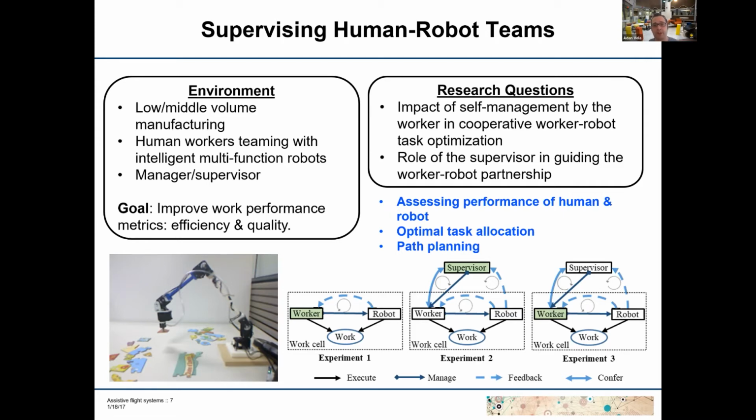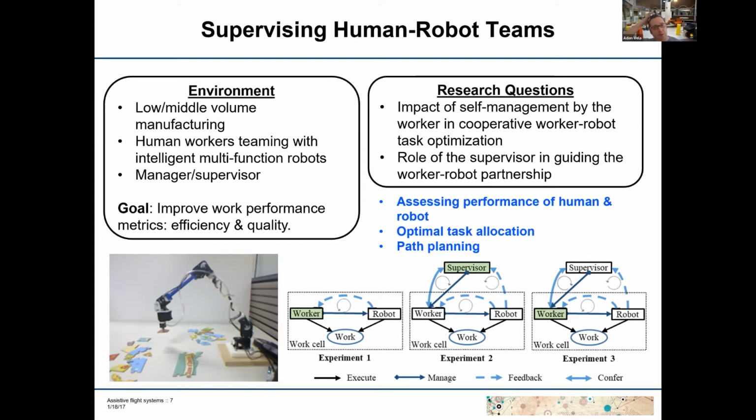More interesting for us is we're starting to look at the role of the supervisor, right? So how does the supervisor guide the worker-robot partnership? This is especially interesting because one of the roles of a supervisor or manager is to do things like assess, evaluate, train, hire, fire workers, right? But now we have a robot worker.